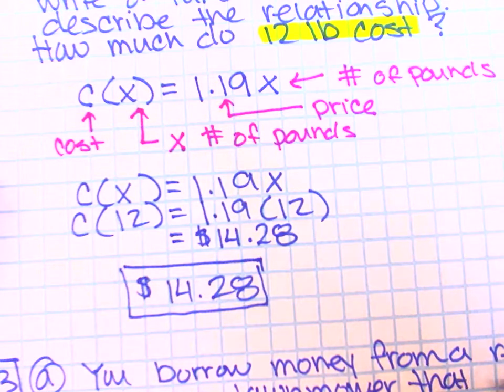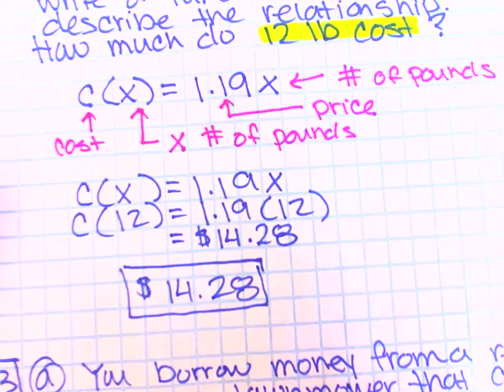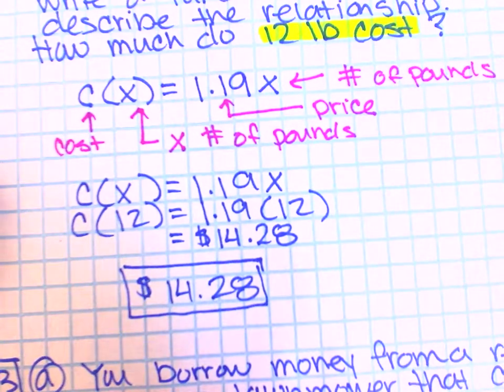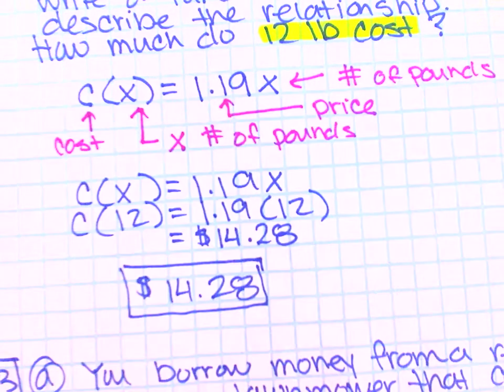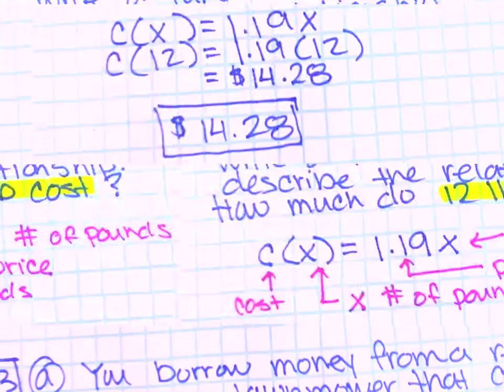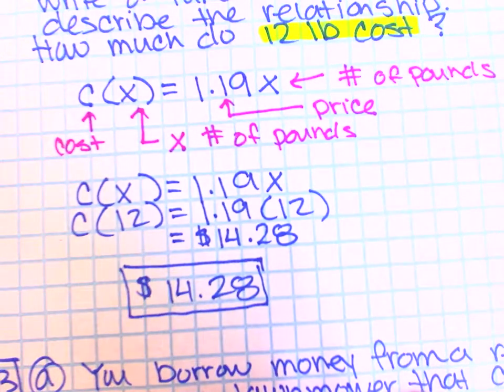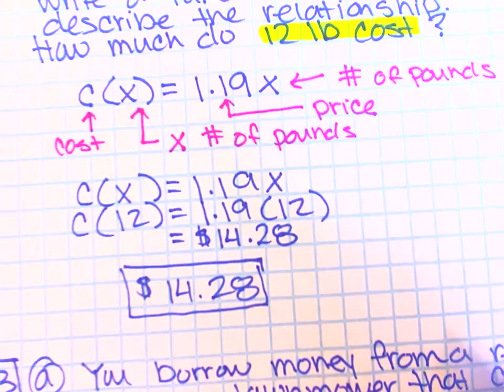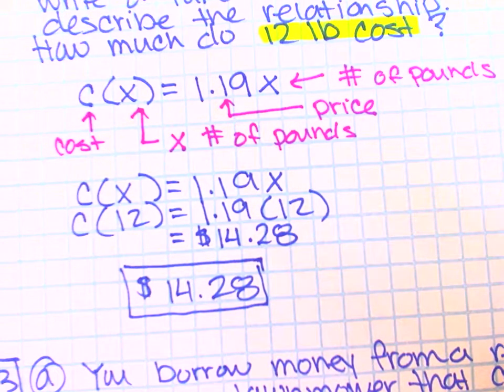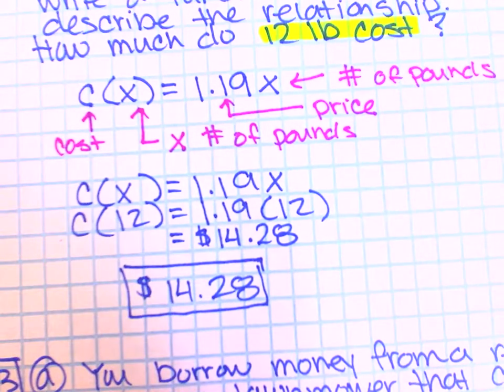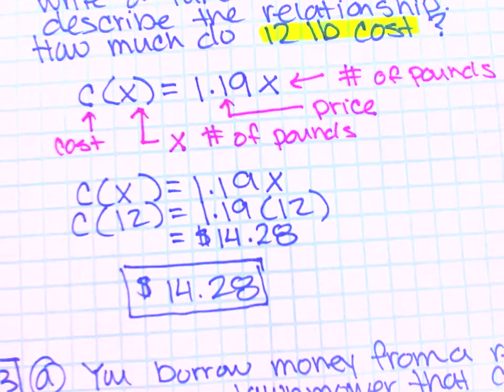The lawnmower actually costs $245. You charge $18 to mow someone's lawn. So you charge $18 to mow the lawn.